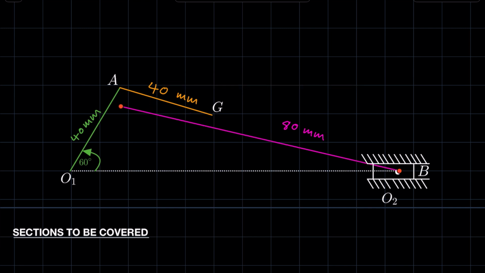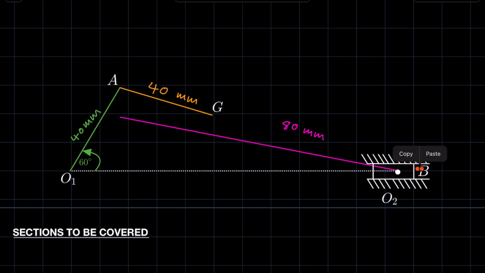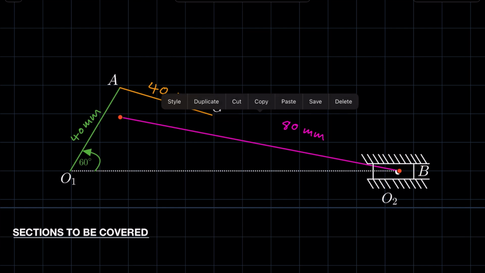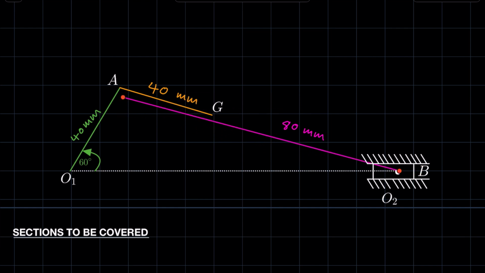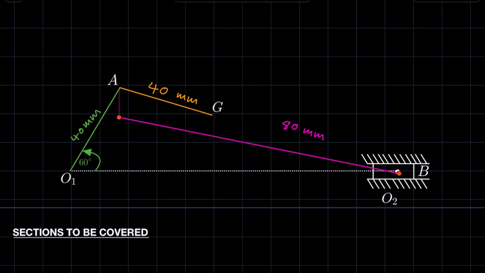Now, the rotation of this influences what? It influences the slider. For the slider to move, this has to rotate, and in rotation, it also translates. So when it translates, it essentially pushes the slider B in that direction, and then slider B will translate.